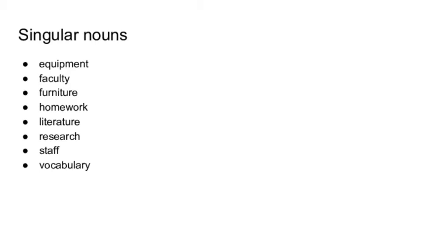So we say homework assignments or exercises, and homework is just a mass, like, oh, the teacher gives us too much homework or too many assignments. Literature, if you're talking about like, I read a lot of literature, I love British literature, and such.